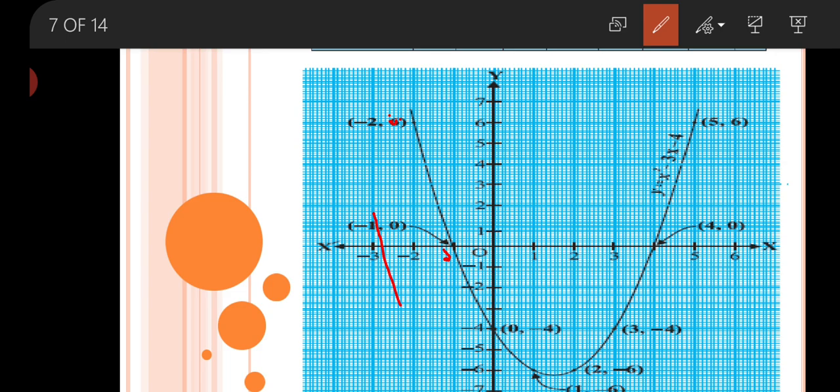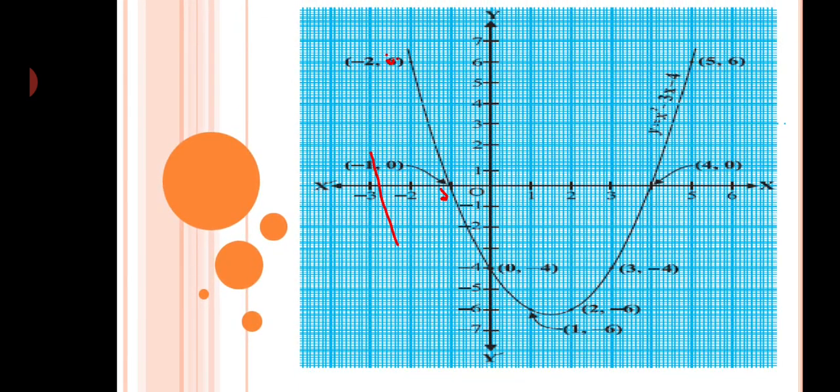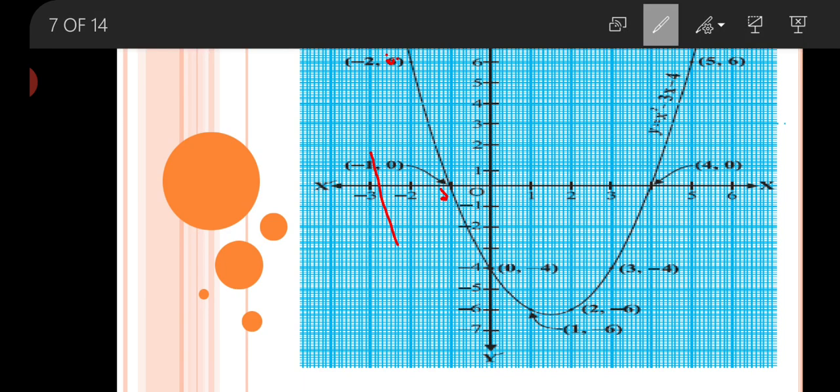You can see another point, that is 1, 6 here. Another, that is 2, minus 6. Here that is 3, minus 4. And again, if you see here, you will find another point, that is 4, 0.